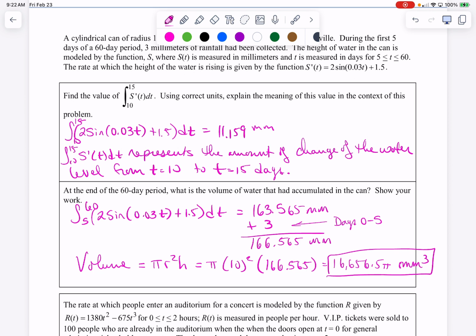Everybody good with this? So watch out for these little tricky things like, hey, the first 5 days we put 3 millimeters in there, so we needed to add 3 millimeters to the total water level and then use that to calculate our volume of the cylinder, pi r squared h, okay?